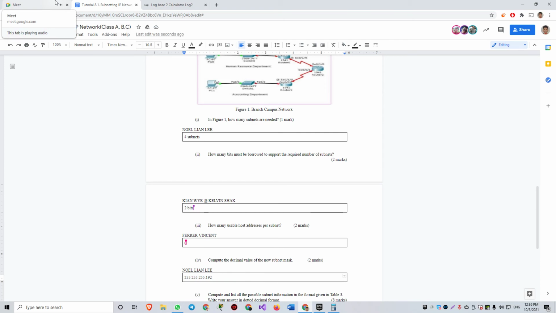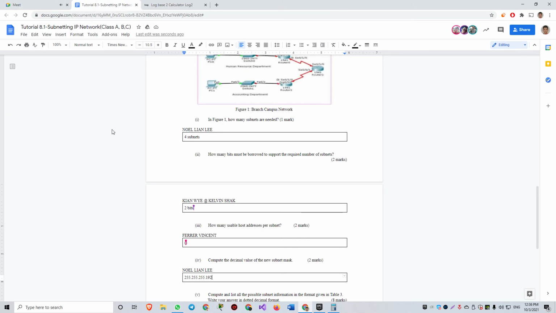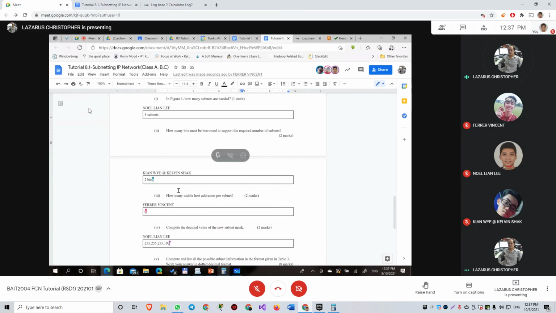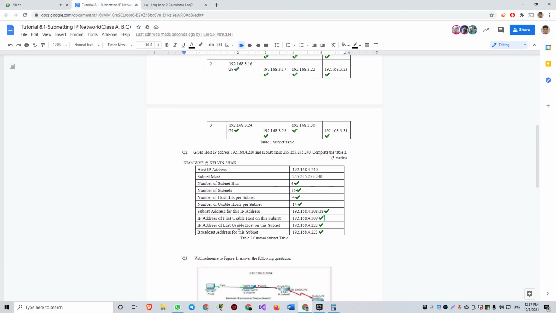So if you borrow 2 bits for the network part, the subnet part, how many bits are left for the host? The host part is 8 bits. 8 minus 2, so your n will be 6.